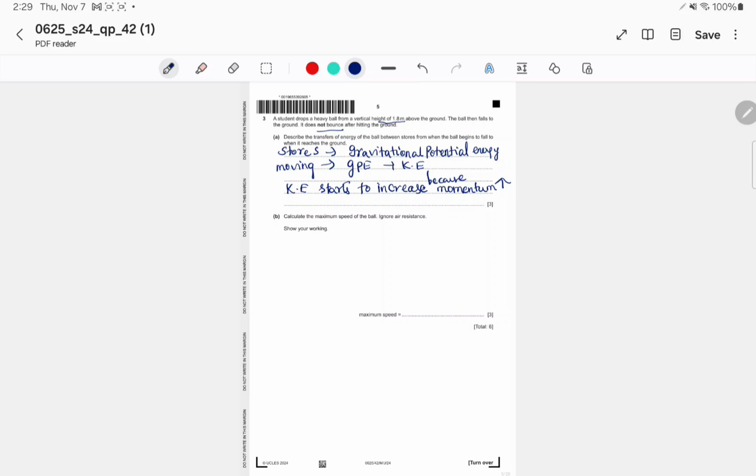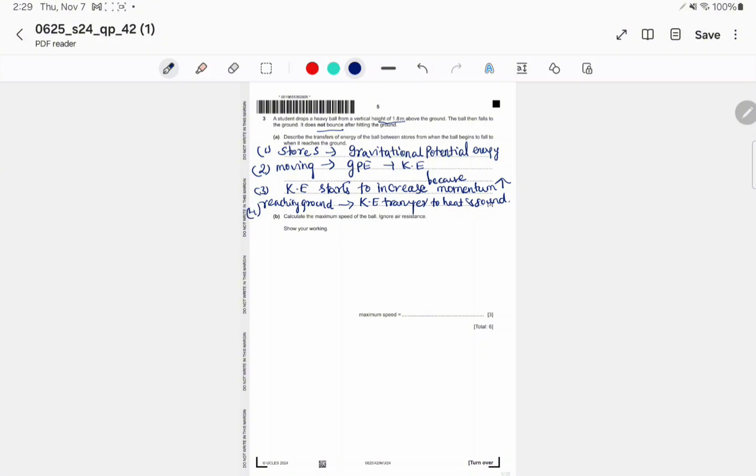Therefore at the final stage, after reaching the ground, the kinetic energy will be transferred to heat and sound, and other things, and something for friction. So first step it starts, second it starts to move, third step, and fourth one.